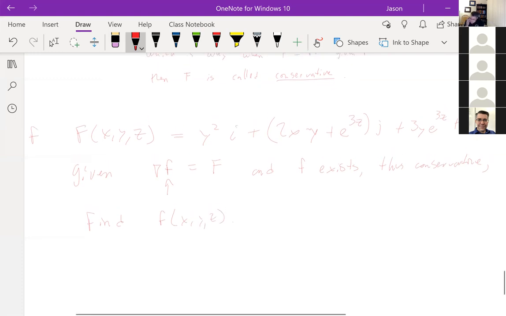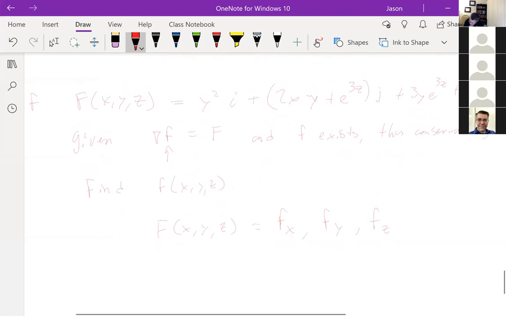So we want to do some anti-partial derivatives. Why? Because F of x, y, and z is equal to the partial of f with respect to x, the partial of f with respect to y, and the partial of little f with respect to z.